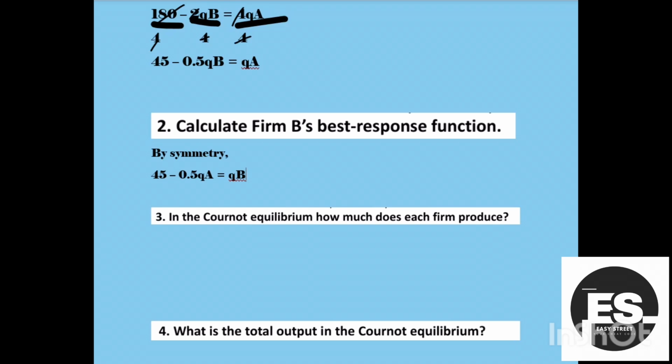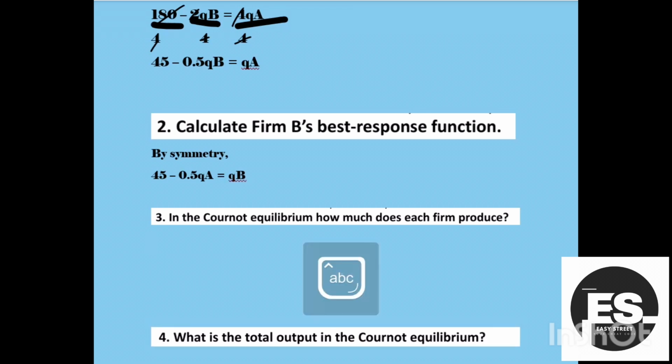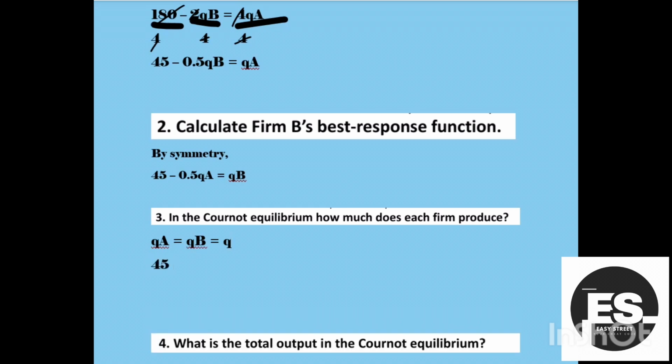So here's our trick. We have QA equals QB, which equals Q. All right, it's very important that you write this down: QA equals QB equals Q. Thereafter, we're going to put in our equation, and notice we aren't putting A or B for Q's.